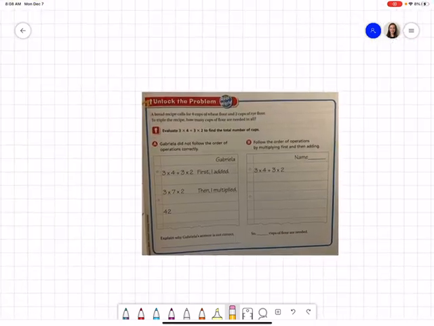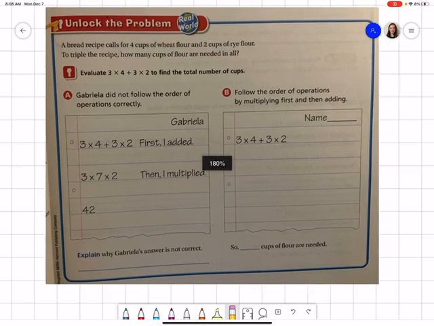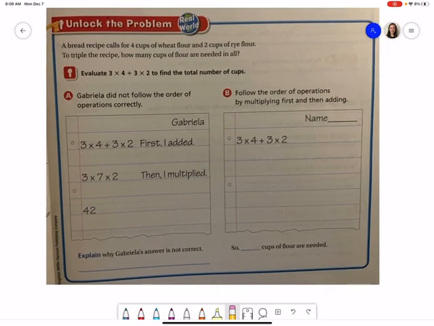Let's go a little bit deeper. This says a bread recipe calls for 4 cups of wheat flour and 2 cups of rye flour. To triple the recipe, how many cups of flour are needed in all? To triple the recipe, I know I'm going to need to multiply the 4 cups of wheat flour and the 2 cups of rye flour both by 3 because I'm tripling it.